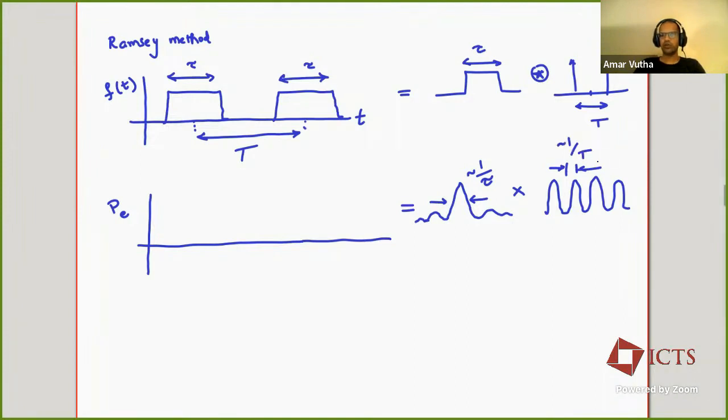So this is 1 over capital T. And so in this Ramsey pulse sequence, capital T is quite a bit longer than tau. And therefore, in the frequency domain, 1 over capital T is going to be quite a bit sharper and smaller than 1 over tau. So our sinc squared is the thing that's going to be big and broad. And it's going to be multiplied by cosine squared, which is going to wiggle quite a bit faster.